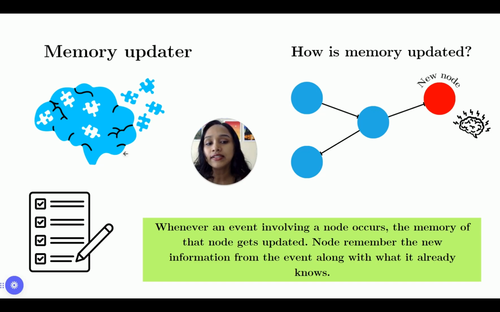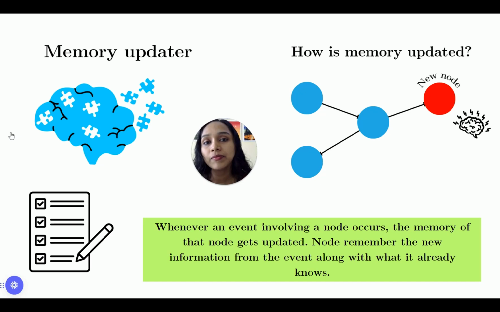So whenever an event involving this node occurs, the memory of that node will get updated, and we will use this updated memory for performing various tasks involving this node. So this memory updater is responsible for maintaining and updating the historical information of all the nodes in the graph.